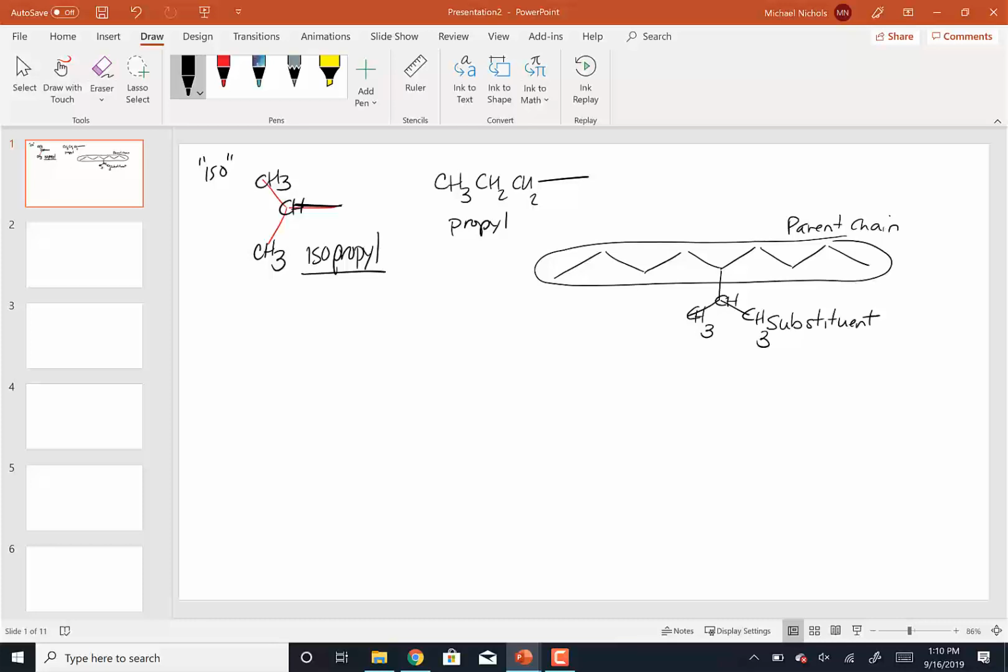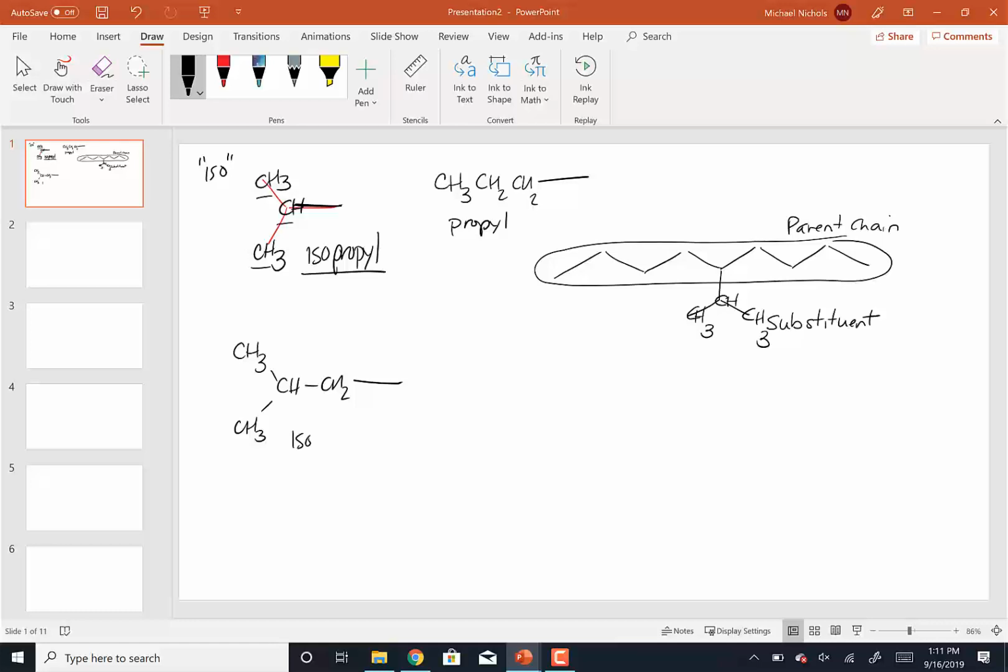An iso group has a CH3 attached to a CH attached to a CH3. So that is an iso group. If it's only 3 carbons long, it is isopropyl. If that iso group is now attached to a CH2 that's attached to something else, that is now a butyl group with an iso group.